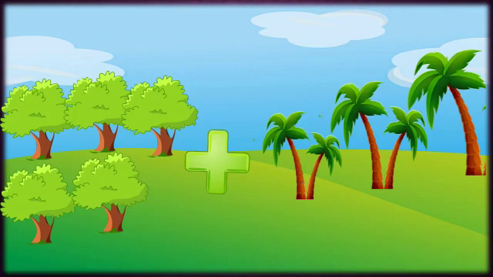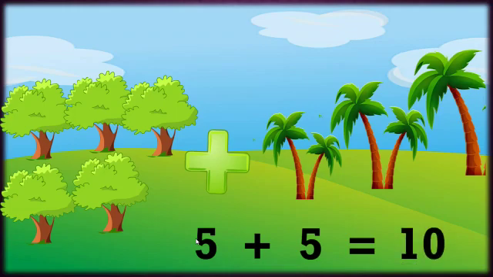So how many trees will we add? We will count next from 5. 6, 7, 8, 9 and 10. We need 5 trees more. That means 5 plus 5 makes 10. So the question will be written as 5 plus 5 is equal to 10. Very good.